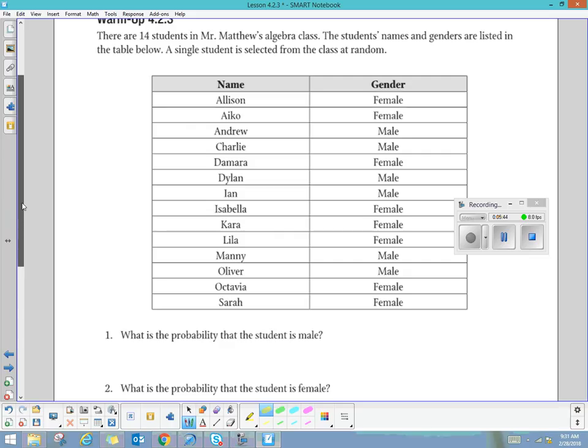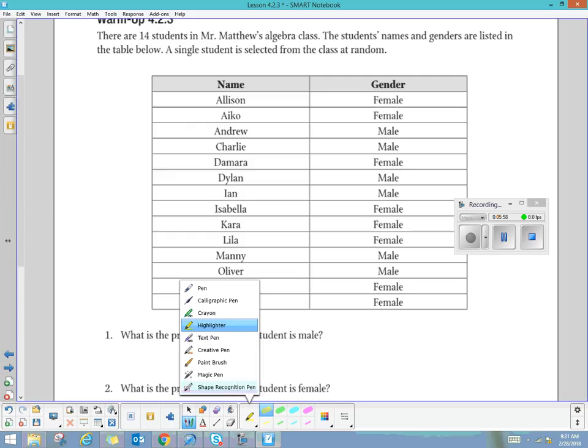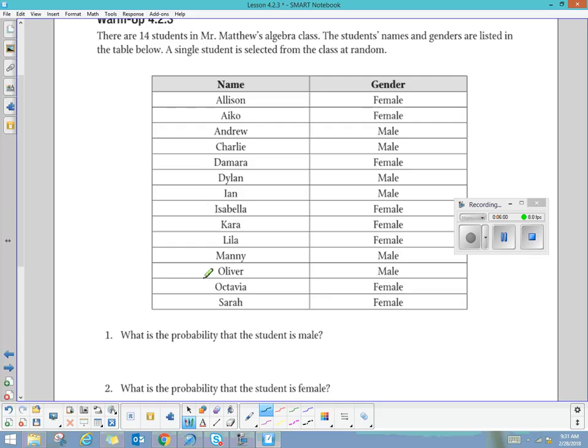All right, so what's the probability that the student is male? Well, let's look at our list, count them up. Friendly reminder, right? Probability is what we want over the total. So in this case, the probability that the student selected is male.